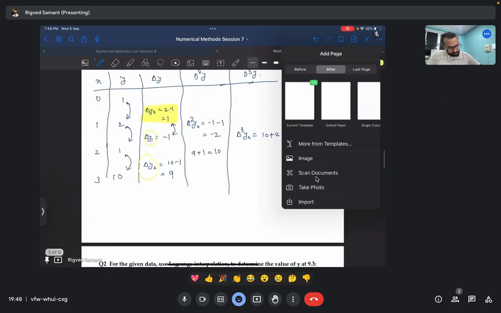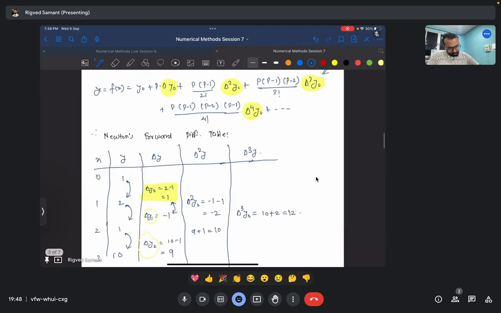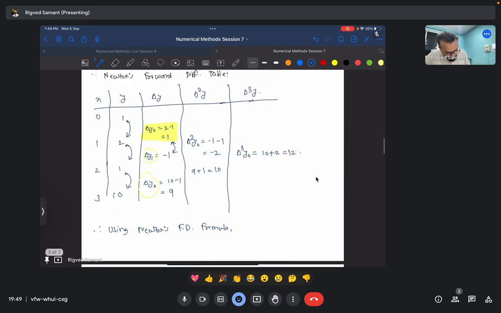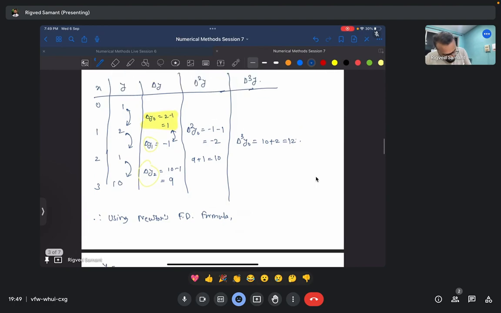So, using Newton's forward difference formula, y is equal to y naught. So this is your y naught, this is x naught.